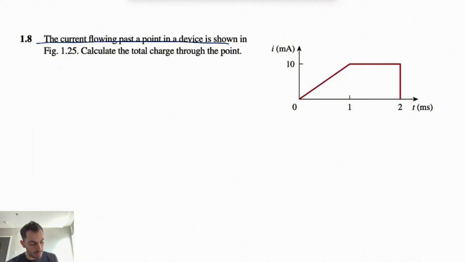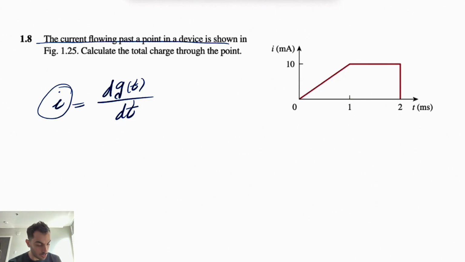What we talked about in the previous video was the formula for the current, which is dq(t)/dt, the derivative of the charge with respect to time. Here we have the current over time.